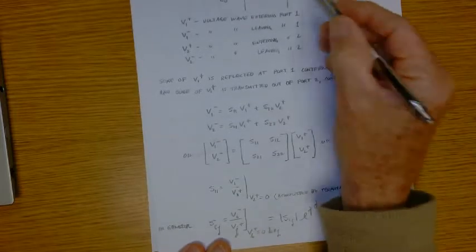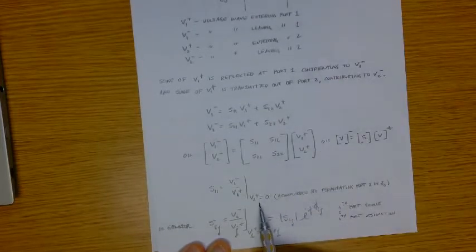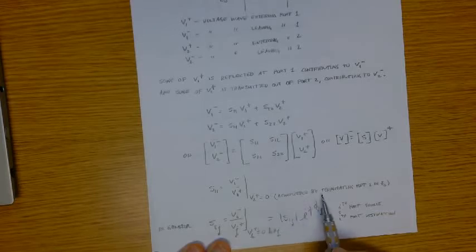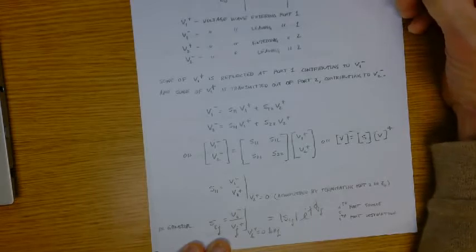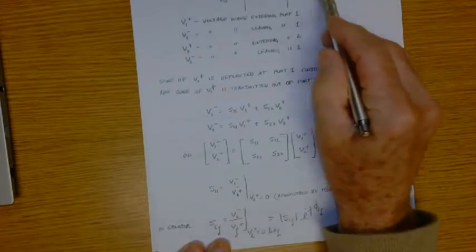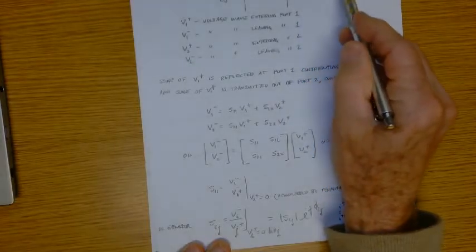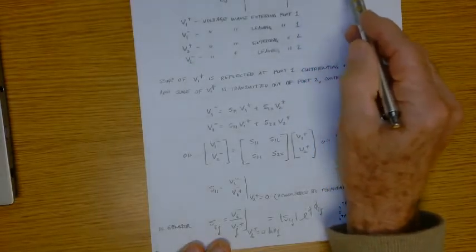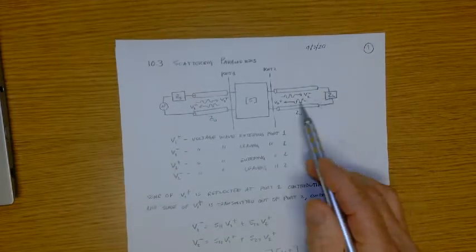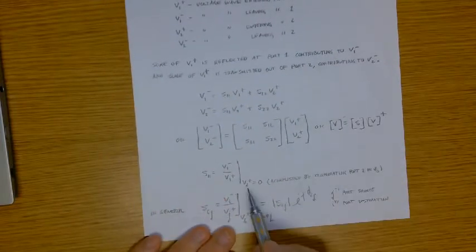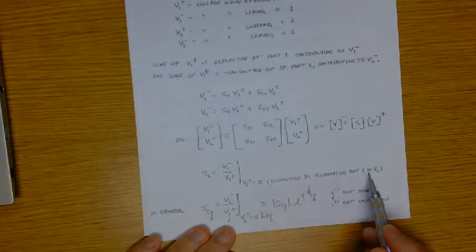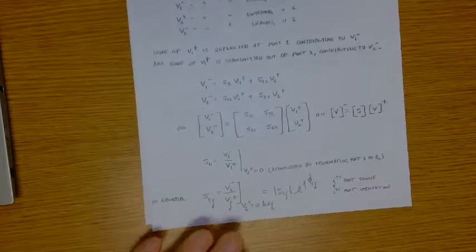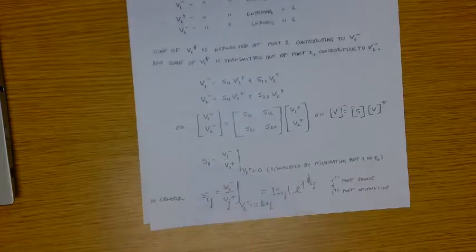Well, how do you get V2 plus to be 0? One way to do that would be to terminate this transmission line in its characteristic impedance. Because if that's the case, any voltage incident on the load would be completely absorbed by the load. None of it would be reflected, right? So we can get V2 plus to be 0 by terminating port 2 in its characteristic impedance. Okay, so that's how we're going to compute S11 in a minute. So keep that in mind.